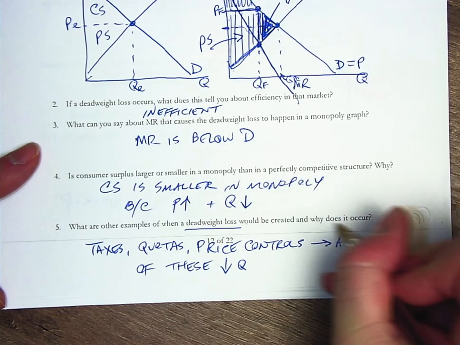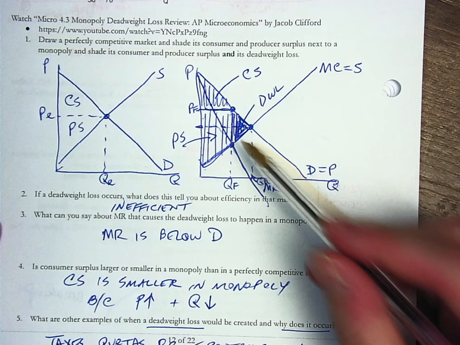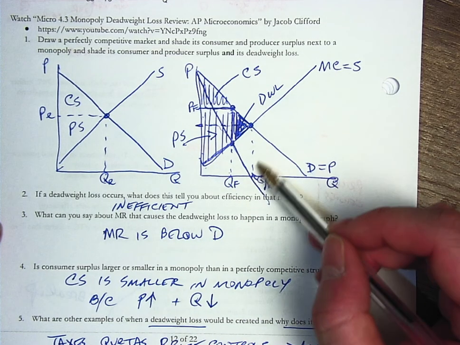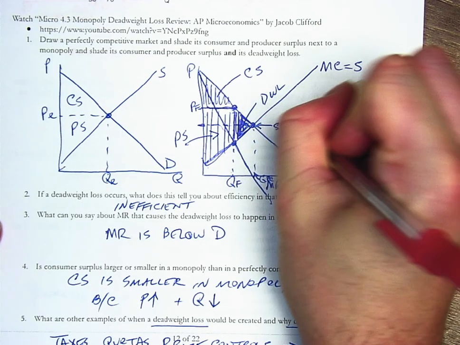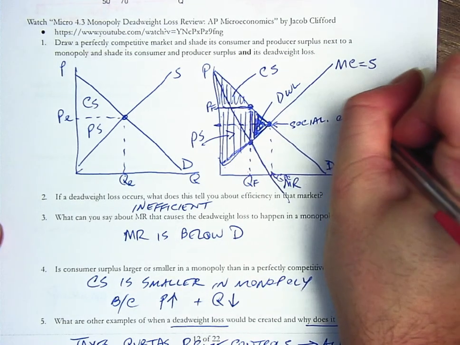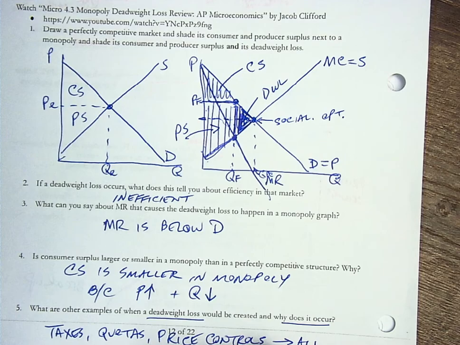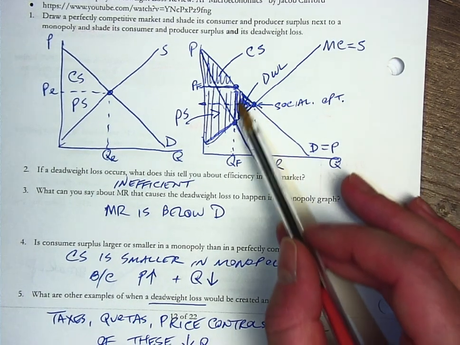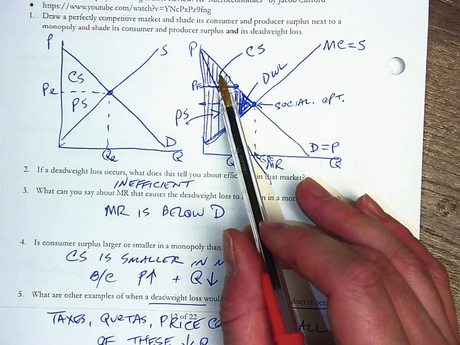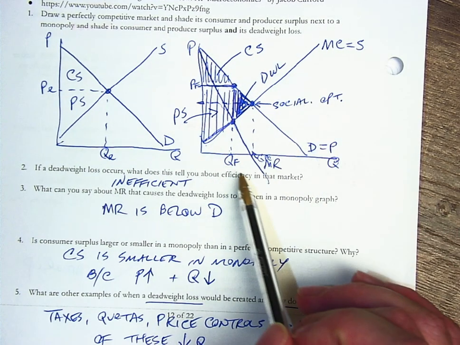And that's actually why the deadweight loss is happening, because we're not at the socially optimal quantity. So this is the socially optimal quantity, and that's why. One of the questions in the homework actually referred to this as well: why does this deadweight loss happen? Is it because the consumer surplus is smaller? No, it's because we're not at the right quantity.